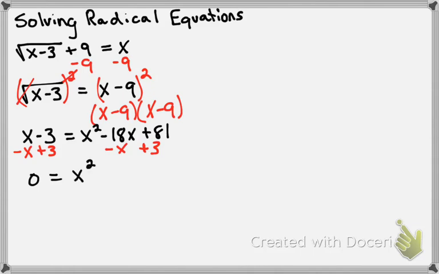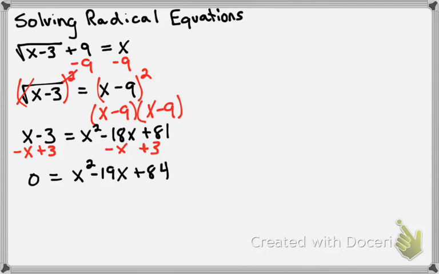Negative 18x and a negative x make negative 19x. And 81 plus 3 gives me 84. Now I'm going to try to solve this by factoring. To factor this, you need two numbers that multiply to give 84, but add together to give you negative 19.